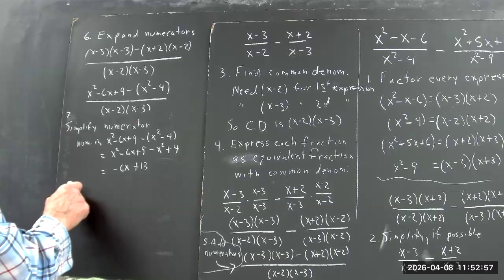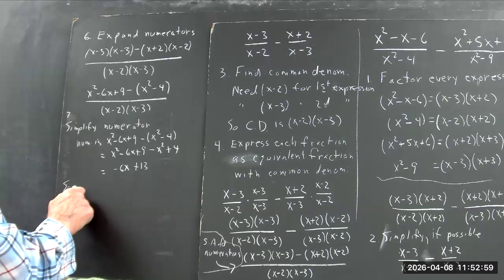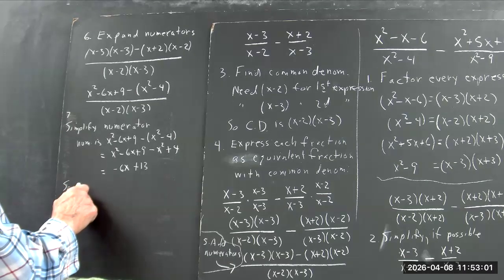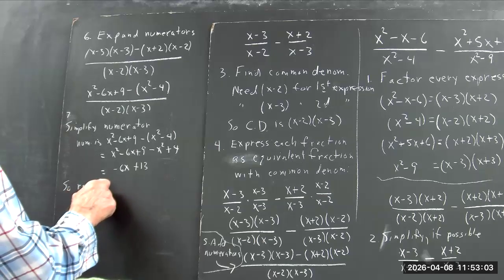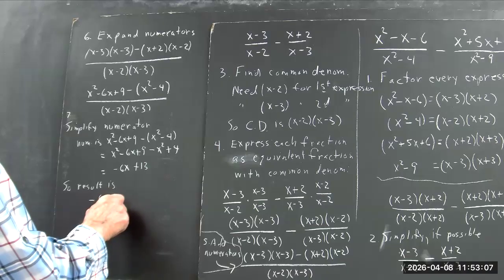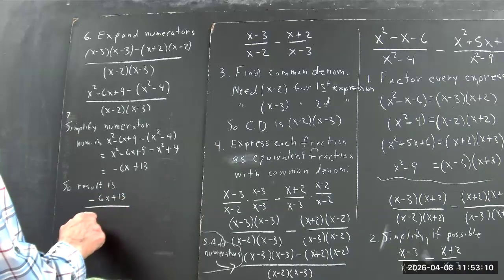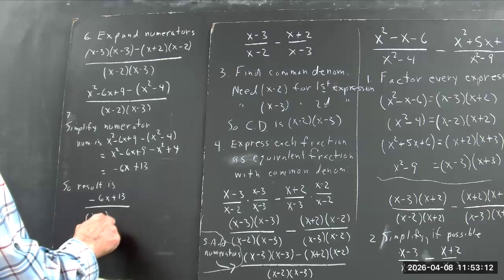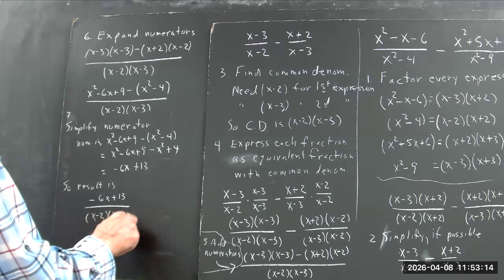So the result is minus 6x plus 13 over the quantity (x - 2)(x - 3).